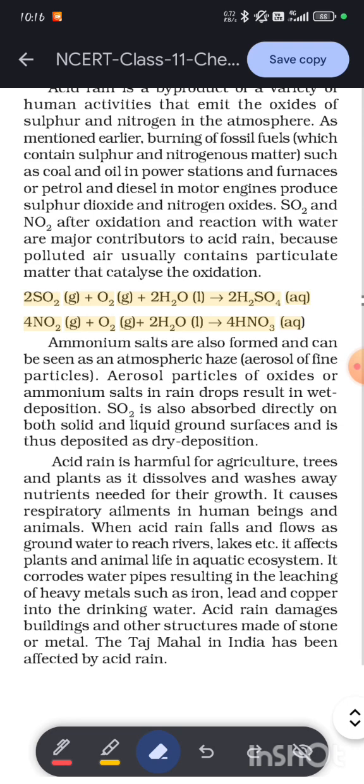When acid rain falls and flows as groundwater to reach rivers, lakes, etc., it affects plants and animal life in aquatic ecosystem. It corrodes water pipes, resulting in the leaching of heavy metals such as iron, lead, and copper into the drinking water. Acid rain damages buildings and other structures made of stone or metal. The Taj Mahal in India has been affected by acid rain.